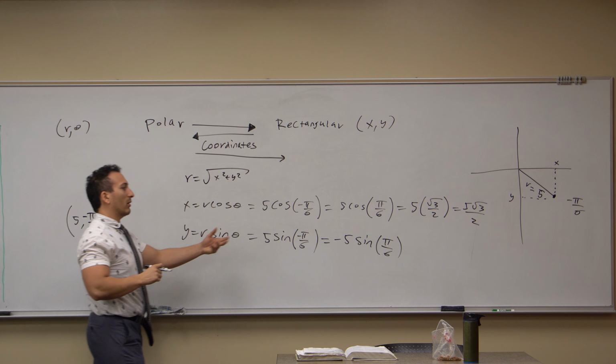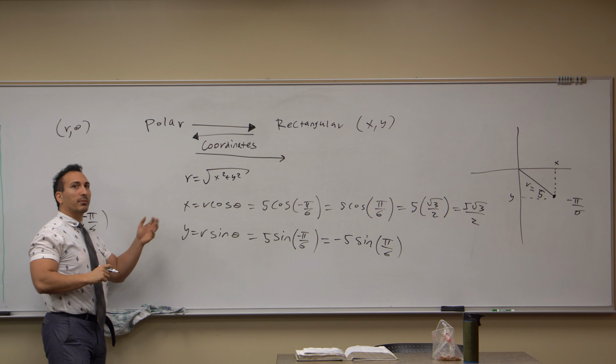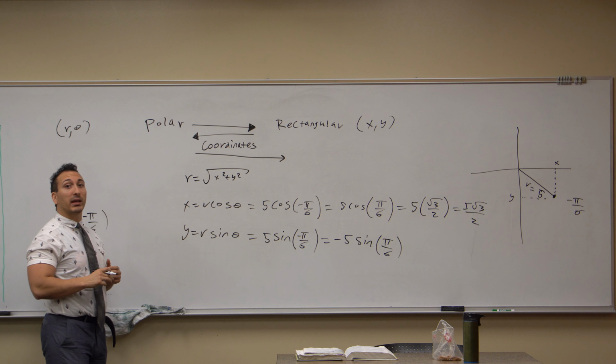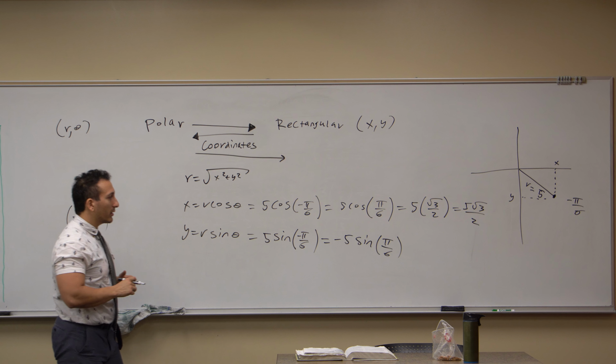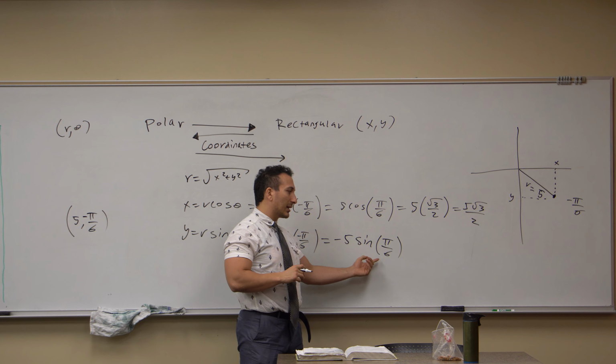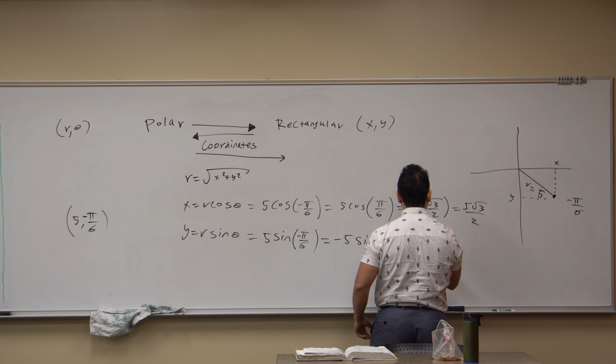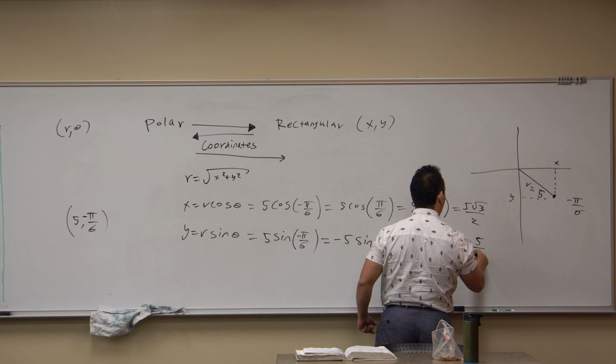If you don't recall the even and odd properties of sine and cosine, I have not made a video about that, but I will make it very soon. But over here, all that we must do now is evaluate what sine of pi over 6 is, and that's 1/2. So this is negative 5 times 1/2, which becomes negative 5 over 2.